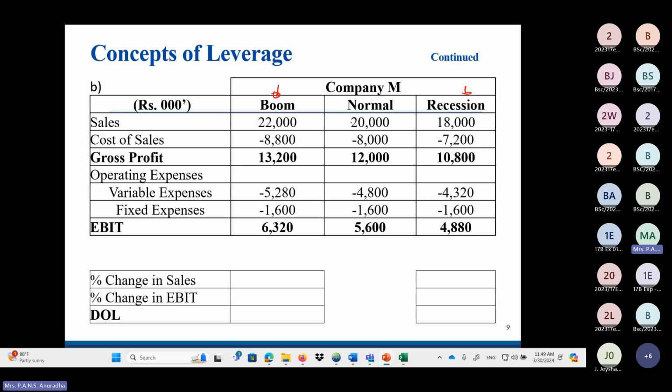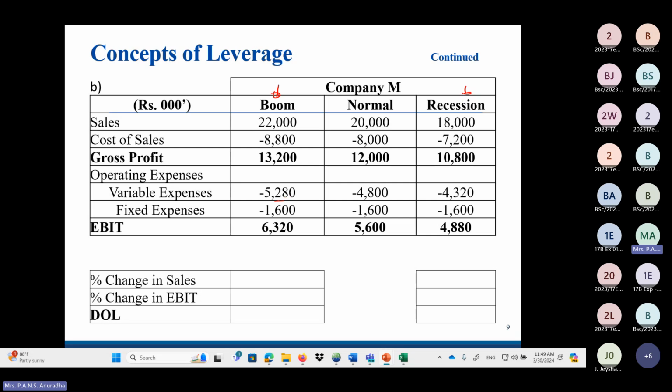This 20,000 has increased by 10%, now it is 22,000. In line with the sales, cost of sales has also increased by 10%, and the variable expenses have also increased by 10%.